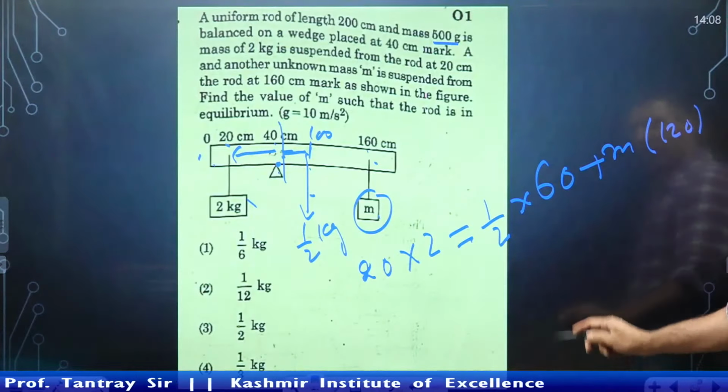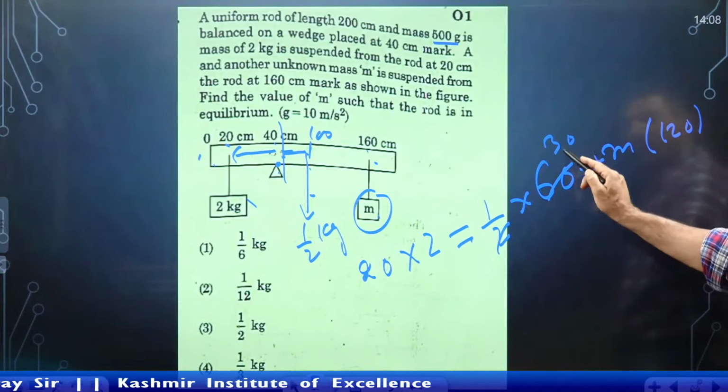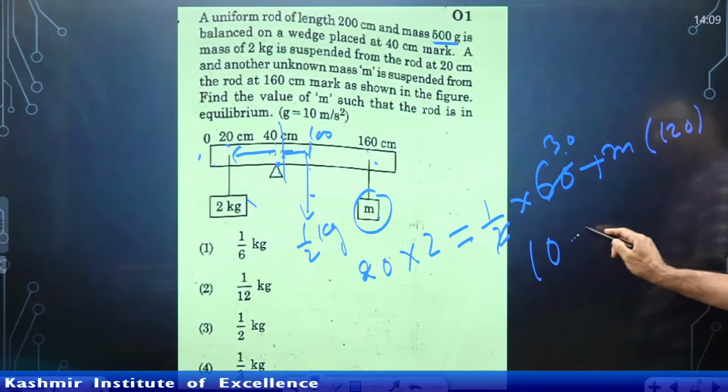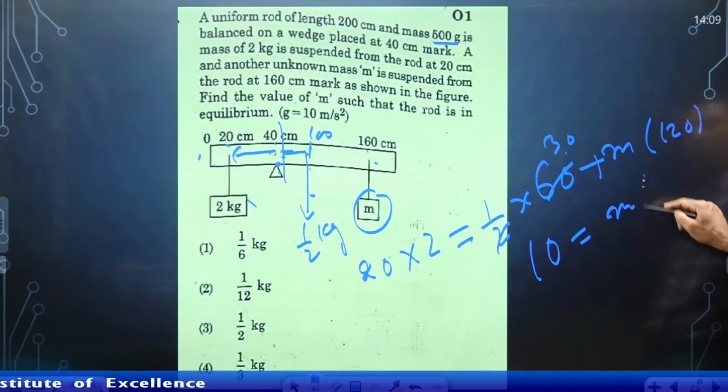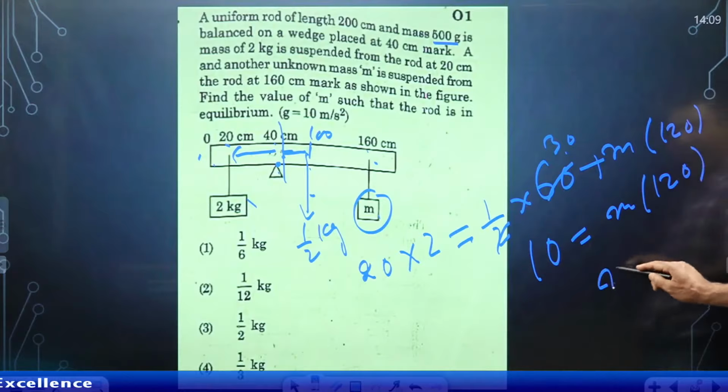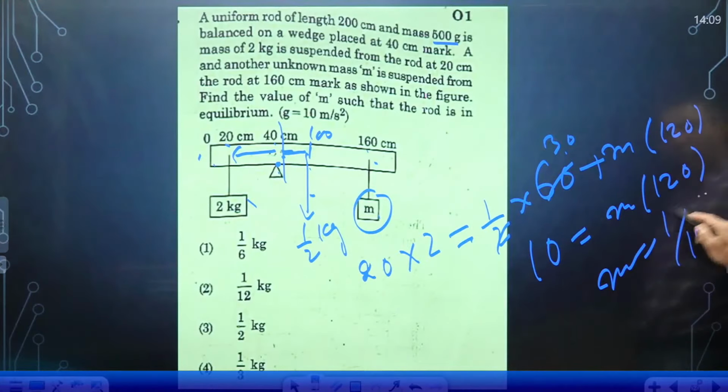If you solve this equation, it is 30 minus 40, that is 10, is equal to m into 120. That's m is equal to 1 by 12. That should be the answer.